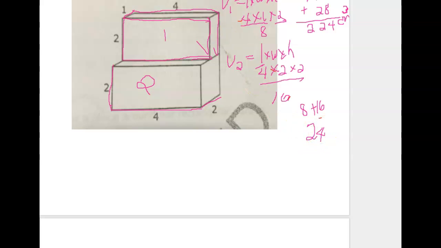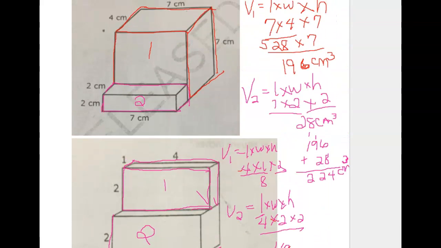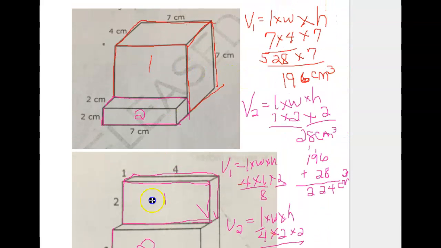So the volume of this prism here, which is composed of two boxes that are placed together without overlapping each other, is 24 cubic units. Okay? Now for prism 1 and prism 2, we don't have a problem in solving for the missing dimensions. Everything is given, the length, the width, and the height.